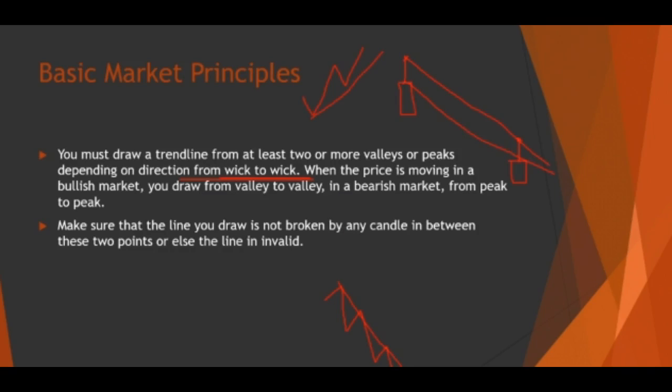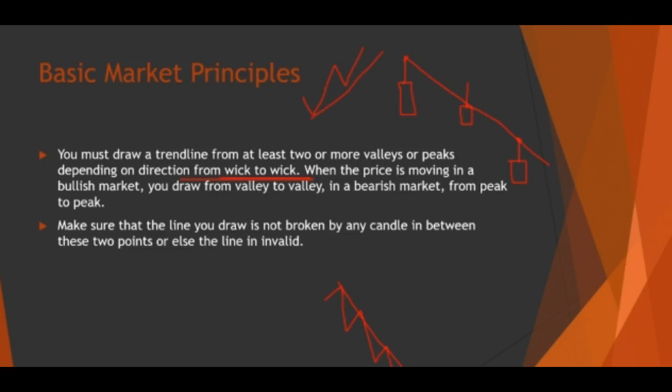Meaning, if this is your line, and we'll of course show an example, but if this is your line and then you had one more candle in here, and its wick was breaking through this trend line, that's an invalid trend line. You want to make sure your 2 points when you first draw it are wick to wick with nothing breaking it. If it breaks it, it becomes invalid. It's a different trend line. You're on a completely different pace.